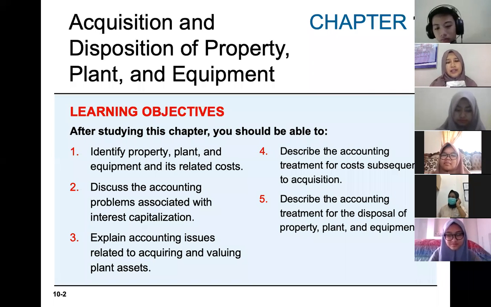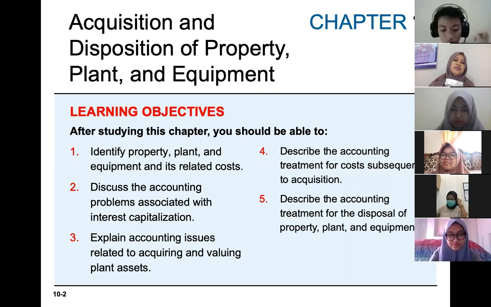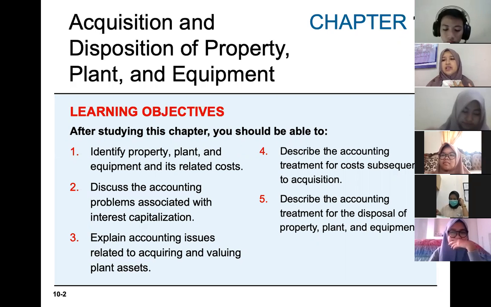Okay, again, if you follow the structure of the learning topics, we started with the overall financial reporting concept, right? And then you go through each element of the financial statements, starting from the statement of financial position, which was cash, and then receivables, and then inventories.